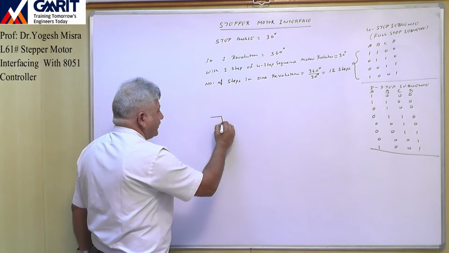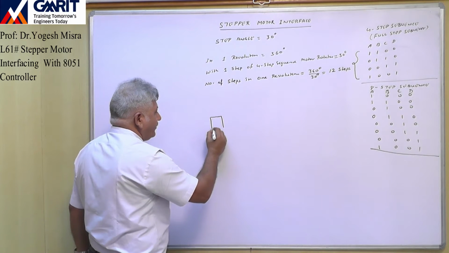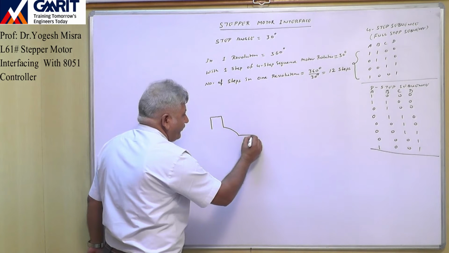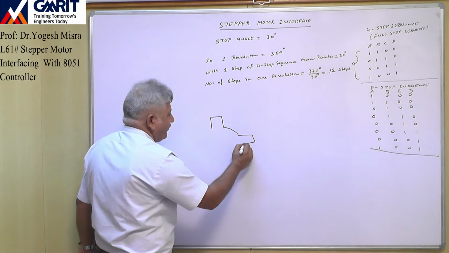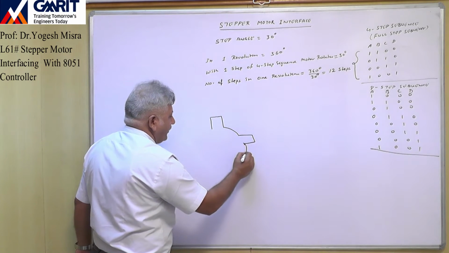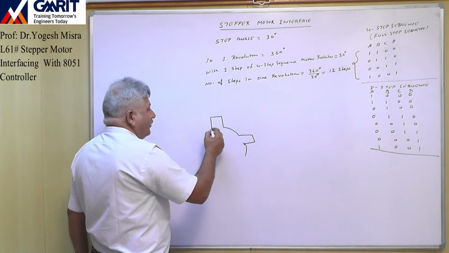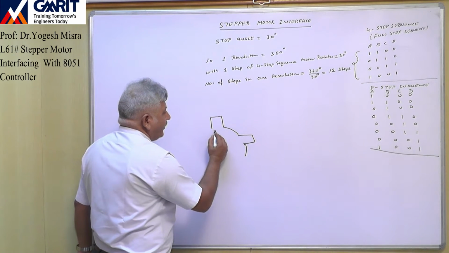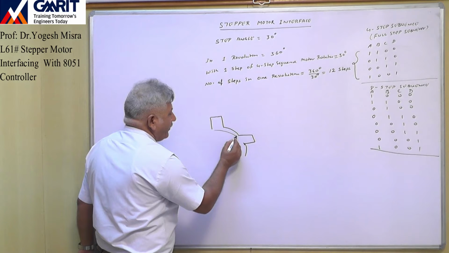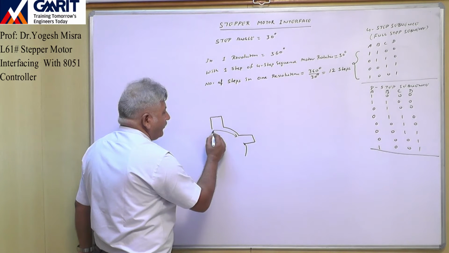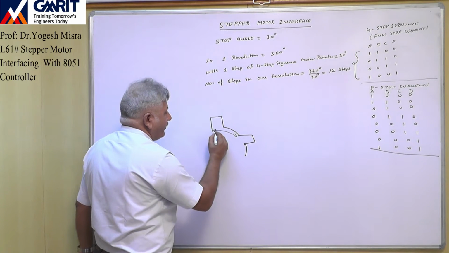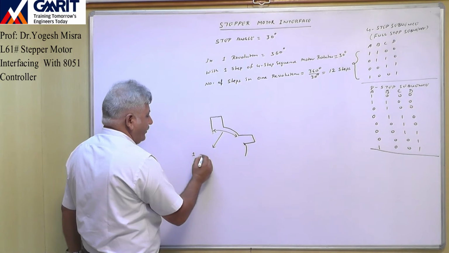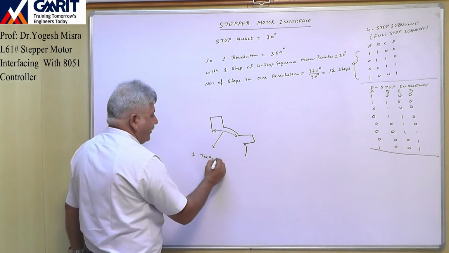In the rotor, these are the teeth. Right? These types of teeth are there in the rotor. From this point to this point, this is one tooth pitch.